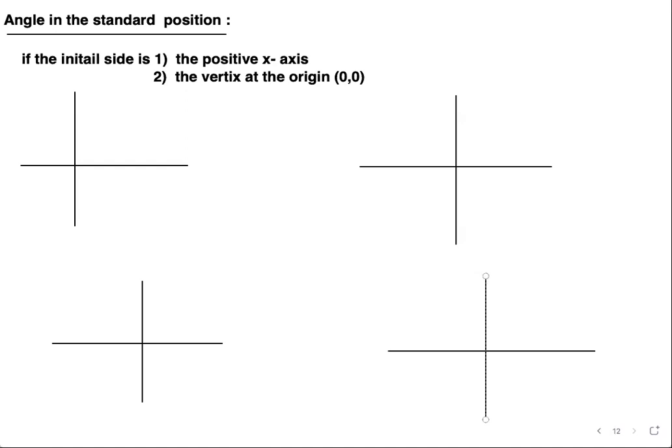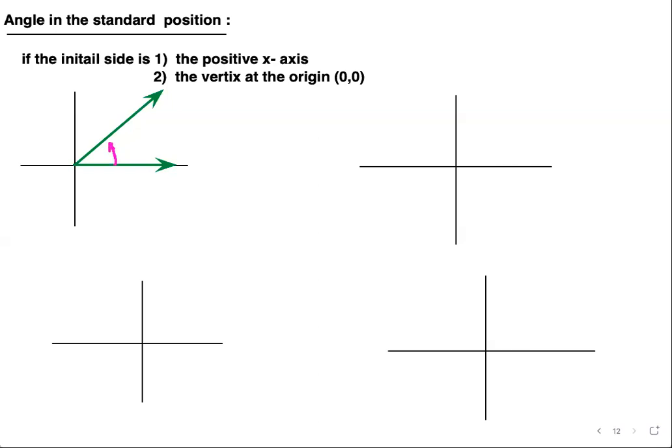For the first one, the initial side must be on the x-axis, like this, the positive x-axis. And the vertex is like this, and the angle looks like this. So here is the angle. This is my angle.